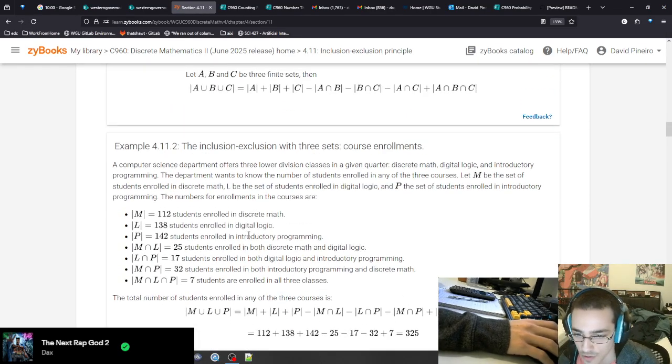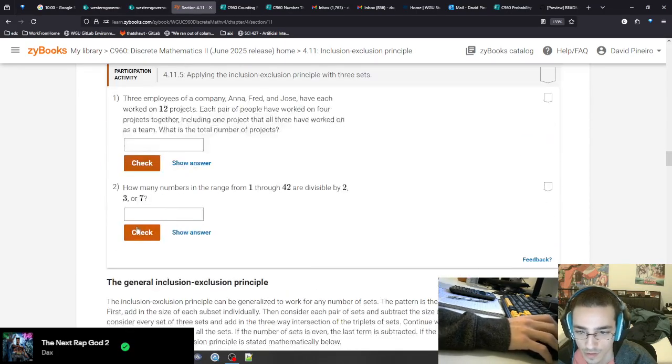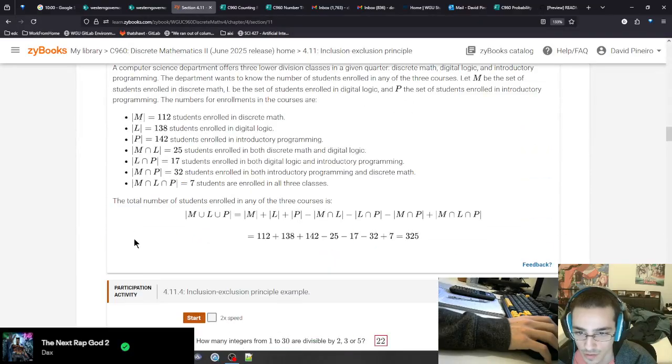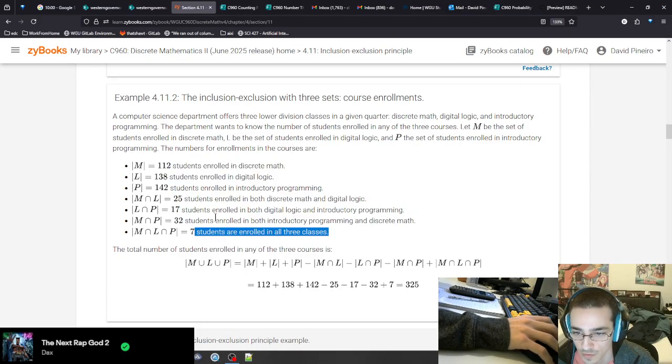But since there are students in multiple sets, they're gonna get counted more than once, so you gotta do the subtraction. Okay, that makes sense. The answer here is 325 for these numbers.